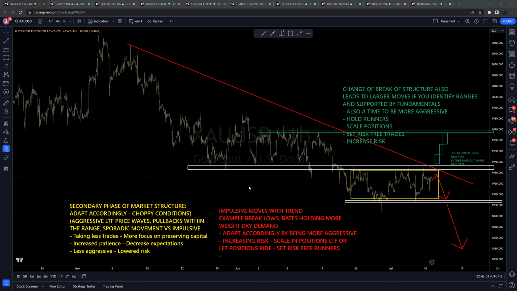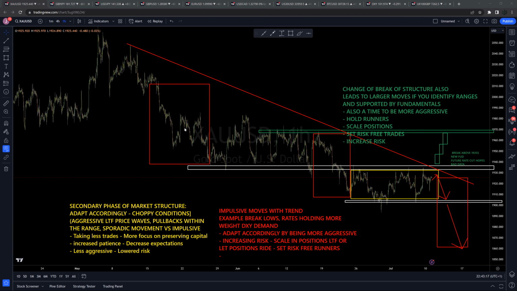This isn't like a job where you're getting a set paycheck for every day you show up. We want to take advantage of certain market movements and stay out of other market conditions where the majority of people are just going to waste capital, over trade, and lose their money in those conditions anyways, right? Most people aren't losing money when gold's trending down and having impulsive movements.